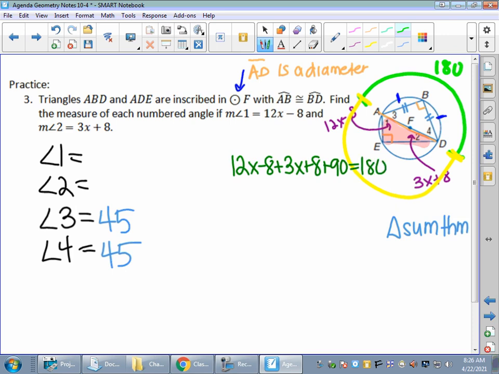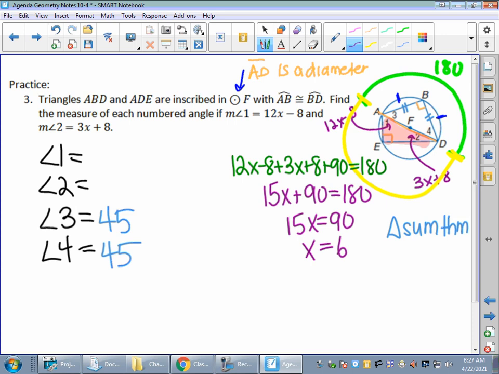Some of you probably noticed that we can just take the 90 right out. The two expressions equal 90. That's going to be like 15x plus 90 equals 180. So 15x equals 90, and I believe that's going to be like a 6 maybe.